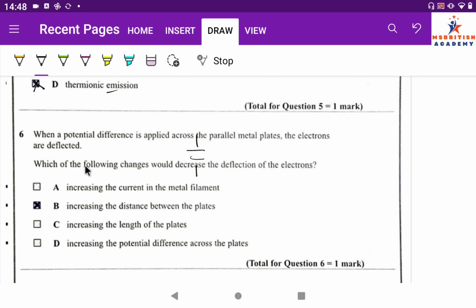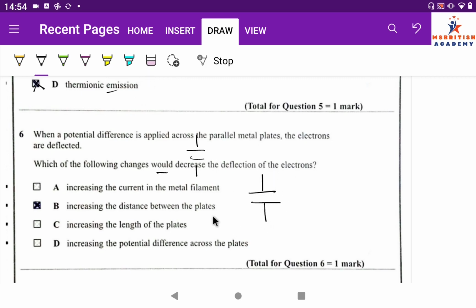Which of the following changes could decrease the deflection of the electrons? By applying a potential difference across the plates, what will happen here?